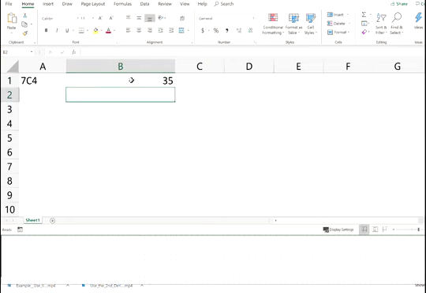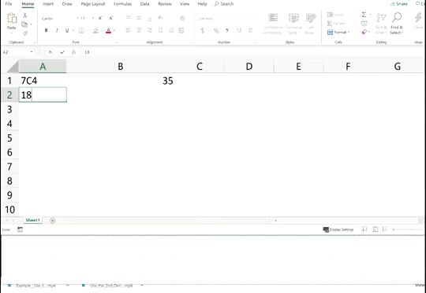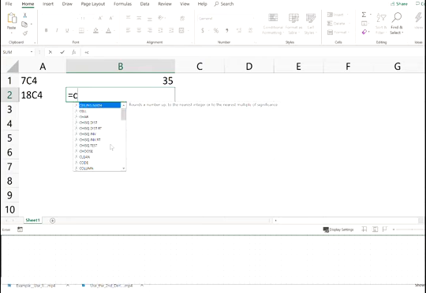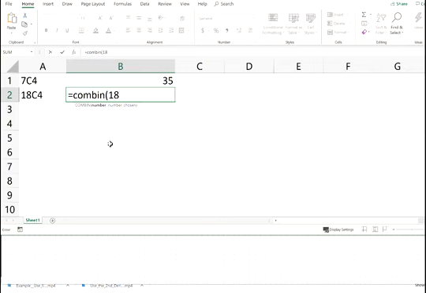And we get 35. And then the denominator of that fraction was how many ways could we pick 4 out of 18 people. So it was 18 combination 4. And our function again is COMBIN. And then the number of objects we have is 18.